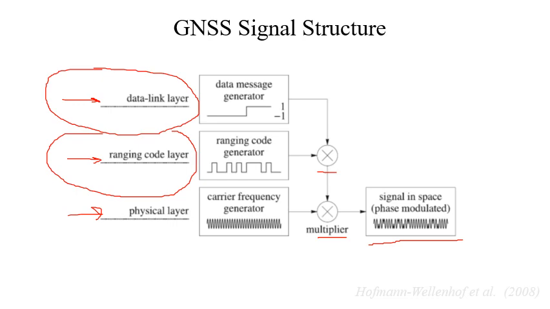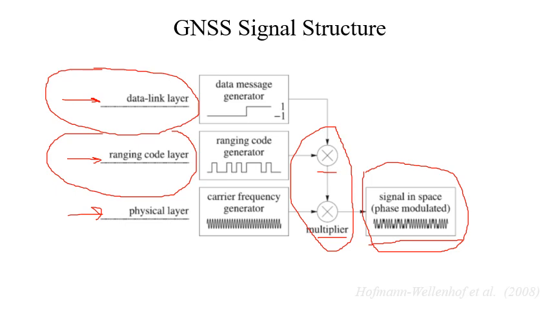All of the global navigation satellite systems consist of these three layers, and these three layers are modulated and become a unique signal, which is sent to the receivers. The receivers then capture this signal from a specific satellite and demodulate it again.